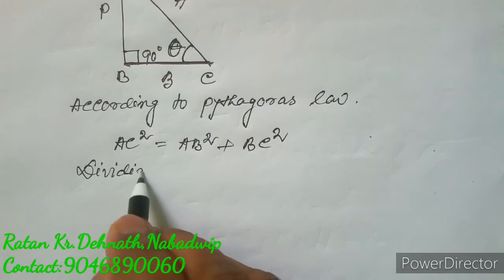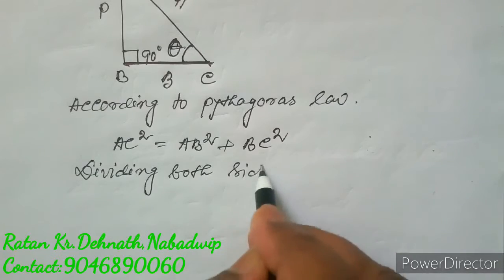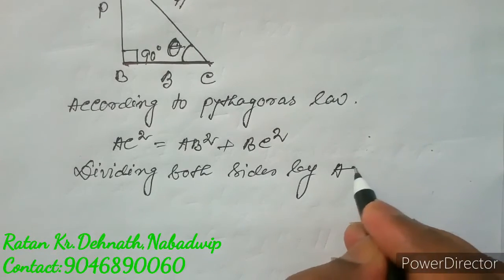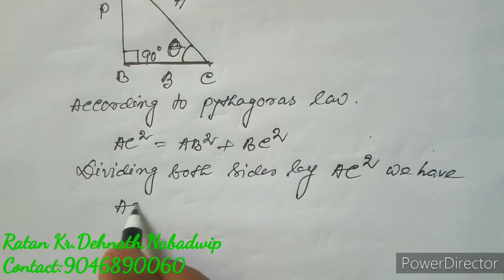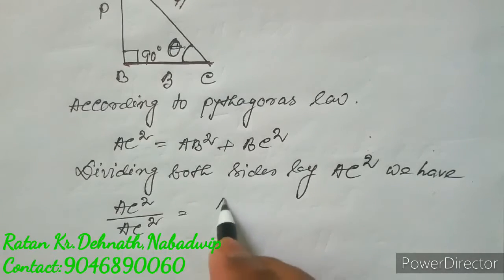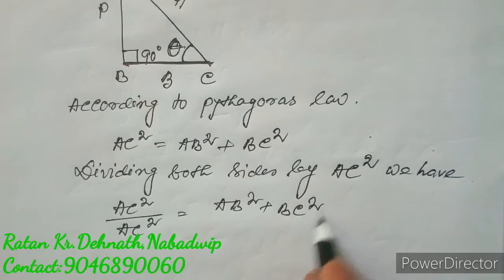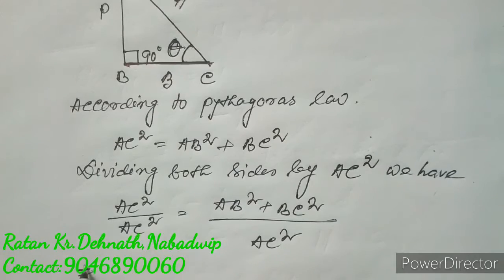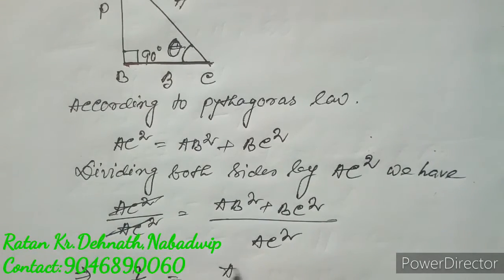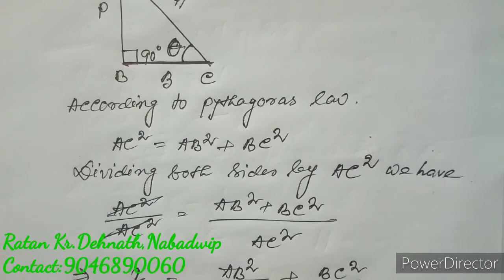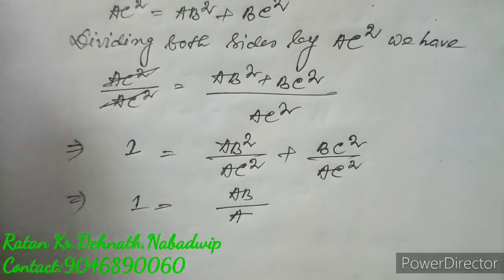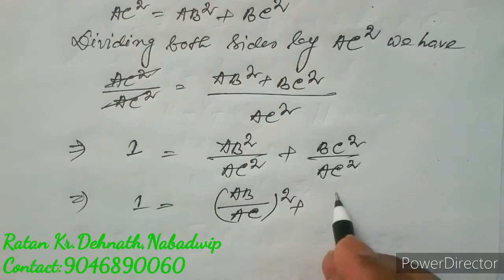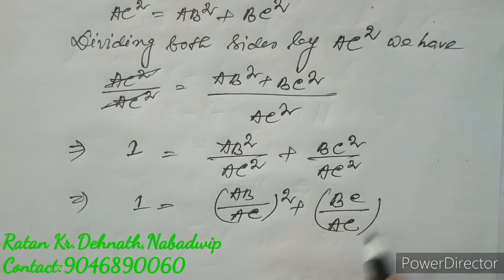Dividing both sides by AC square, we have AC square by AC square, which implies 1, equals AB square by AC square plus BC square by AC square, that is AB by AC whole square plus BC by AC whole square.